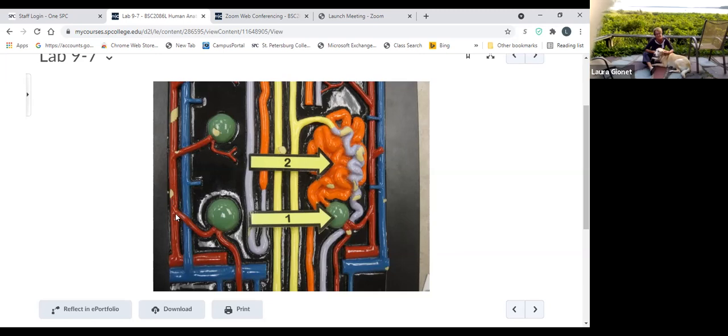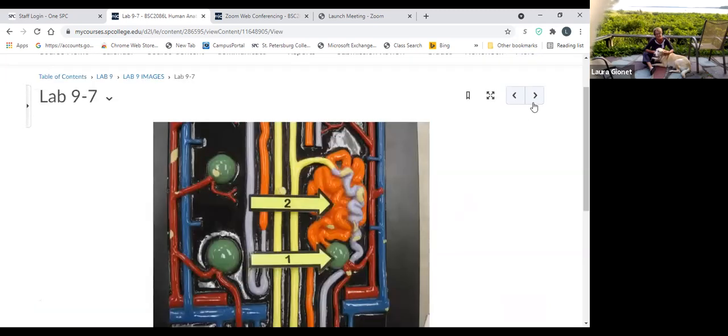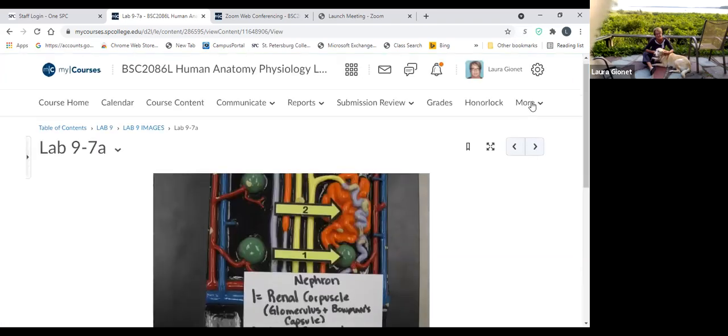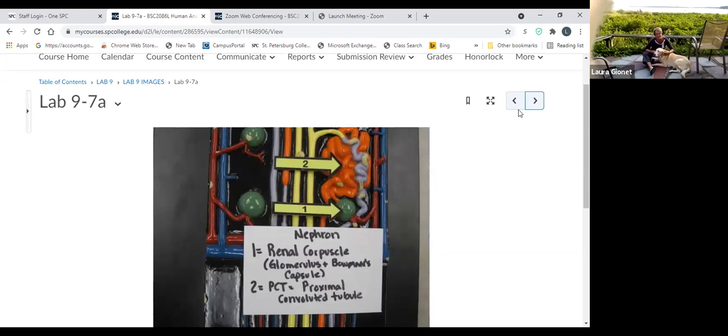Then you have now followed the direction blood would be flowing, which is through the afferent arteriole into the renal corpuscle and out as an efferent arteriole. Then it gives off those branches, like we just showed before, the peritubular capillaries in the cortex and the vasorecta in the medulla. So I try to point out things while we're here, because that's a good picture. It doesn't necessarily have arrows on it, but let's take a look anyway. And that's 1 and 2.